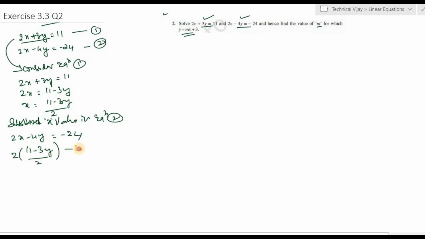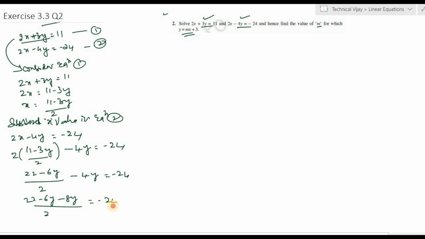So 2 into 11 is 22 minus 6y, whole divided by 2, minus 4y is equal to minus 24. So take the LCM again. So 22 minus 6y minus 8y is equal to minus 24.